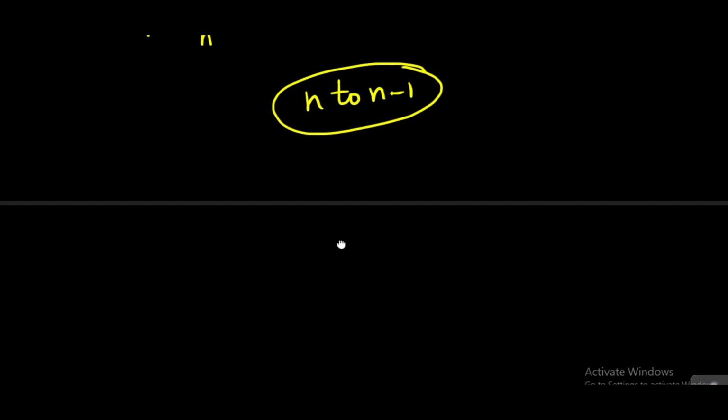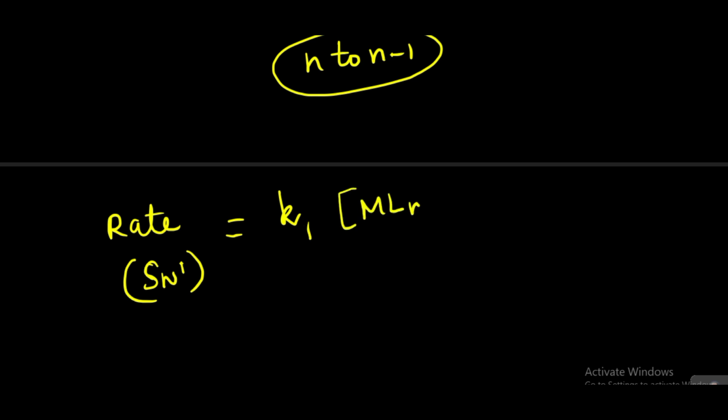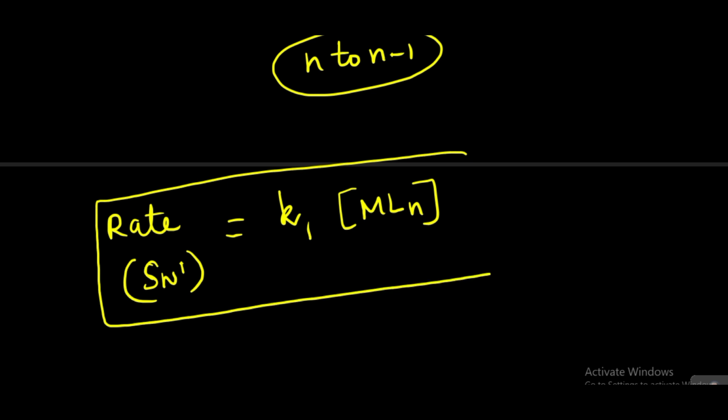So let us come to the final characteristic. The rate for this SN1 reaction is written with the rate constant K1, since it is a first order reaction, and the concentration of the given complex.